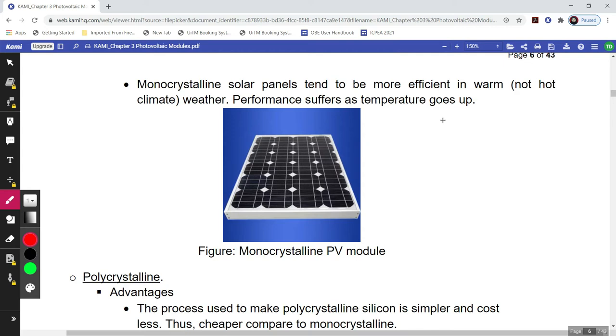Okay, when the temperature goes up, of course the voltage will drop. So this is how the monocrystalline looks like. So we have 1, 2, 3, 4, 1, 2, 3, 4, 5, 6. 6 multiplied with 4, 24 solar cell of monocrystalline solar cell.